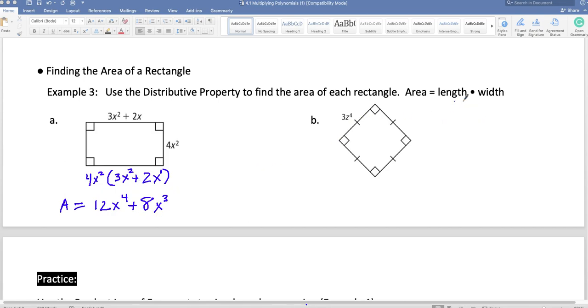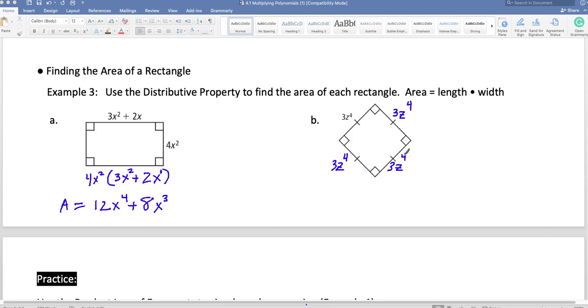All right, now I could use length times width, and I know these are all equal sides, so this side is 3z to the fourth. This side is 3z to the fourth. And this side, now I draw those lines through there so they don't look like 2's. This side is 3z to the fourth.